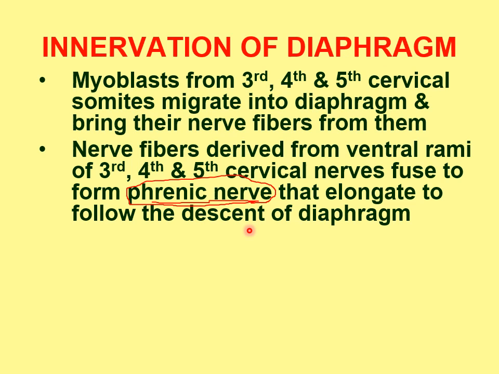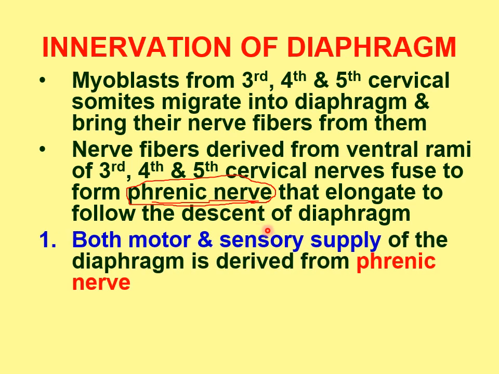In the video which I have shared you have seen the descent of the diaphragm as well, due to the rapid growth of the vertebral column. Actually, the vertebral column has a very rapid growth, due to which the diaphragm descends from the cervical region to the thoracic region and then to the lumbar L1 region.